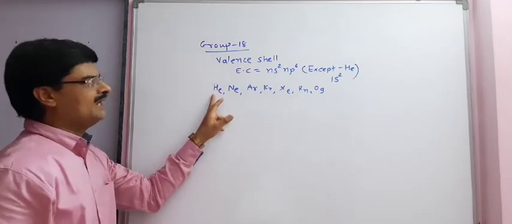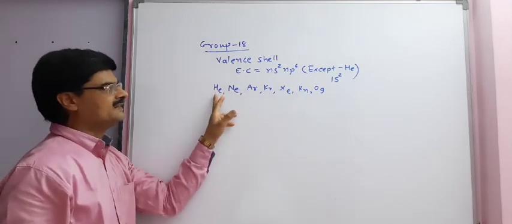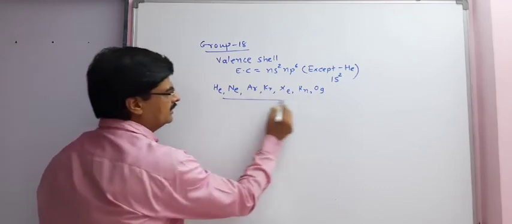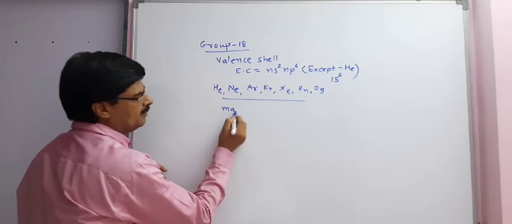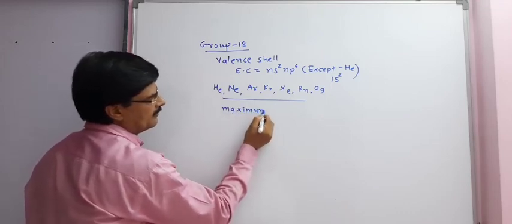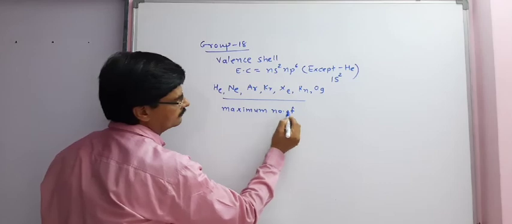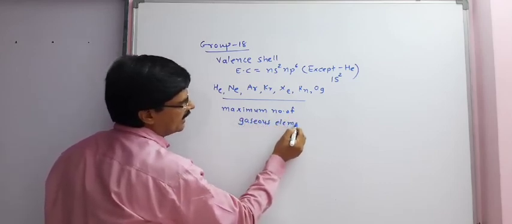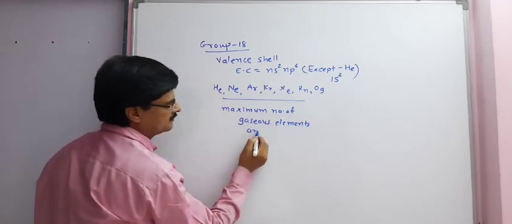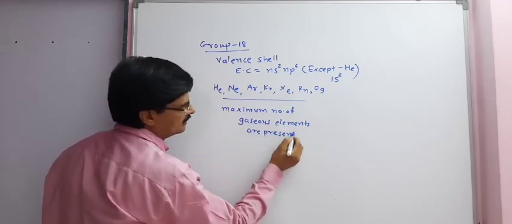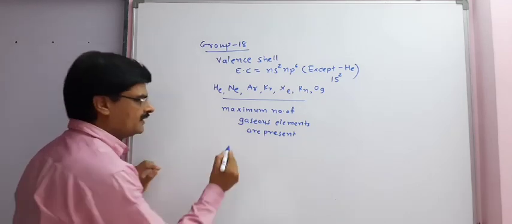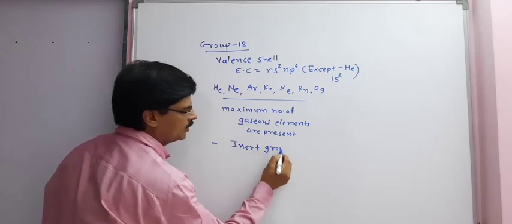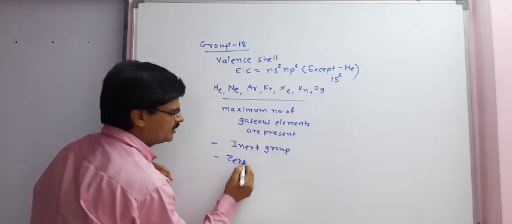The symbols of elements present in group number 18 are He, Ne, Ar, Kr, Xe, Rn and Og. This is the group in which the maximum number of gaseous elements are present. This group is also known as inert group or zero group elements.